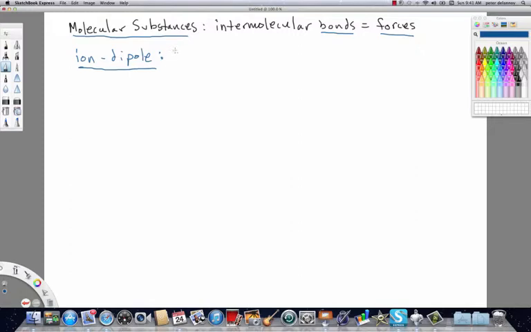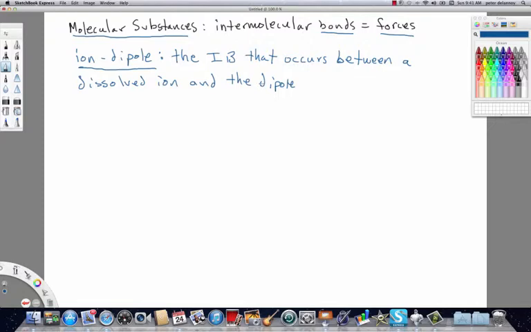So this is, and I'm going to abbreviate it IB, the bond that occurs between a dissolved ion and the dipole of the substance the ion is dissolved in.